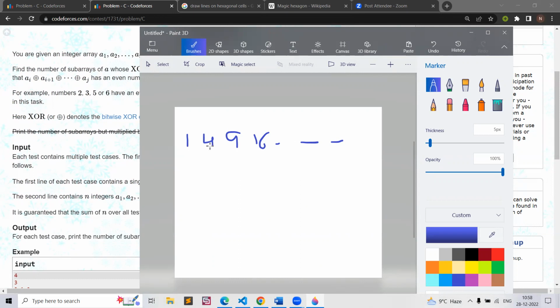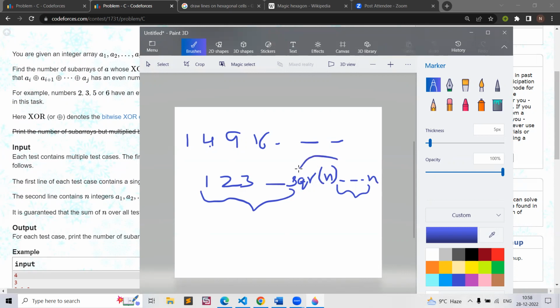Because if the number is a perfect square, then consider 1, 2, 3, up to square root of n, till n. If we find a number which divides n, then we can find a number here also which equals n divided by that number.